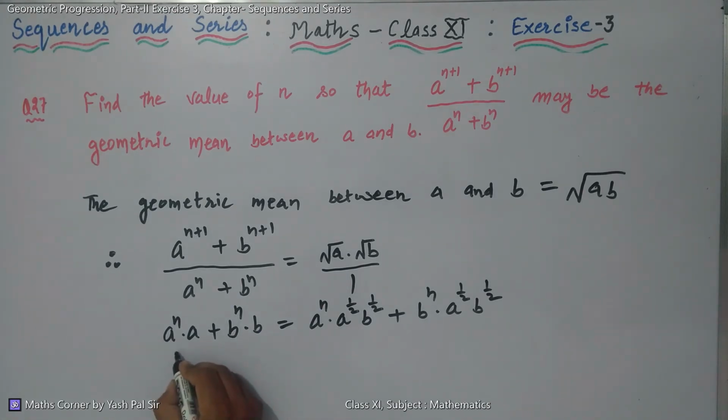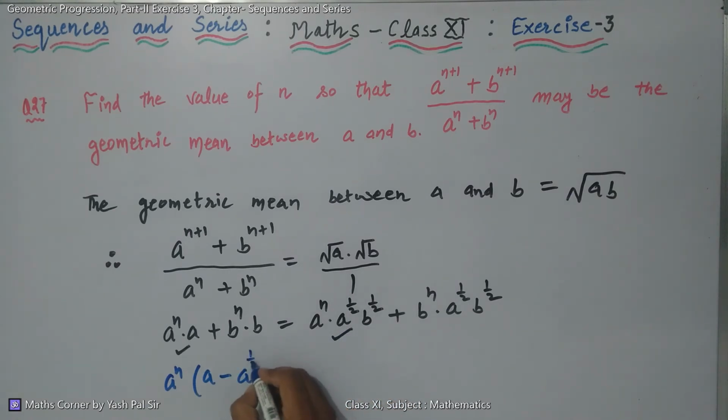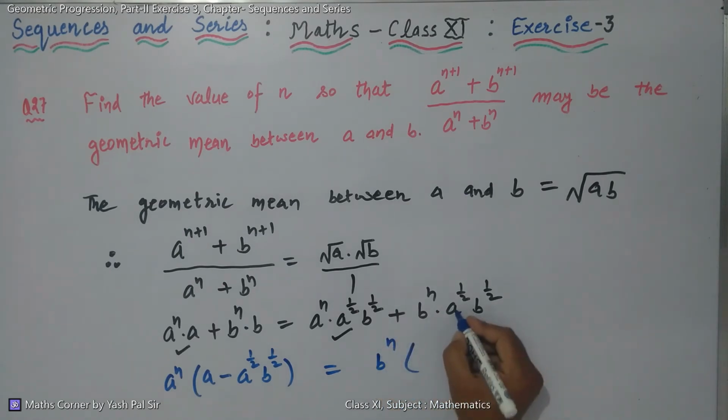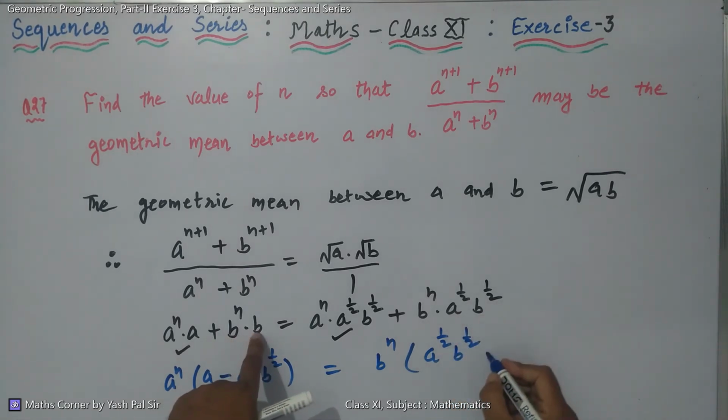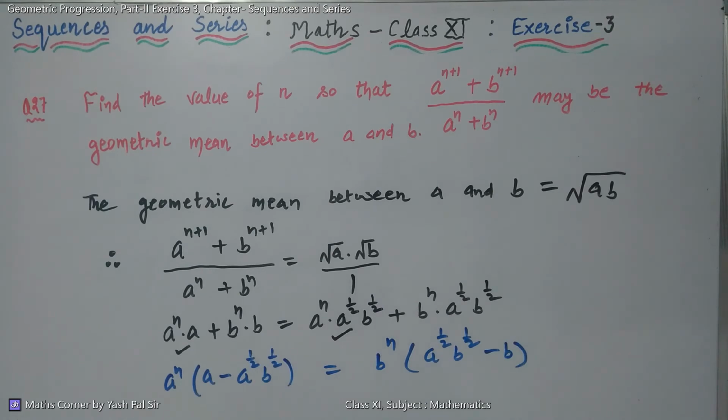So this term and this term, we are keeping them one side, that is a^n is taken outside, so we are left with a minus a^(1/2) into b^(1/2). Right hand side, taking b^n common, so we are left with a^(1/2) into b^(1/2) minus b, right?